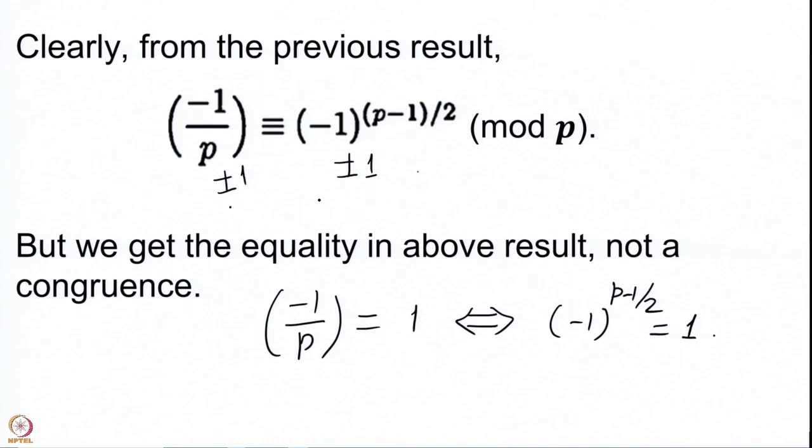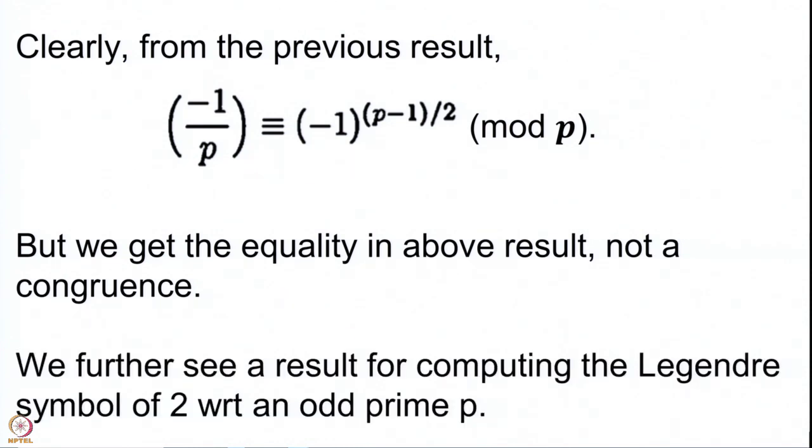We can compute the Legendre symbol of -1 with respect to any prime simply by observing whether (p-1)/2 is even or not. So here we will of course see a formula for 2 also, but I will just let you know that this is 1 if and only if (p-1)/2 is even.